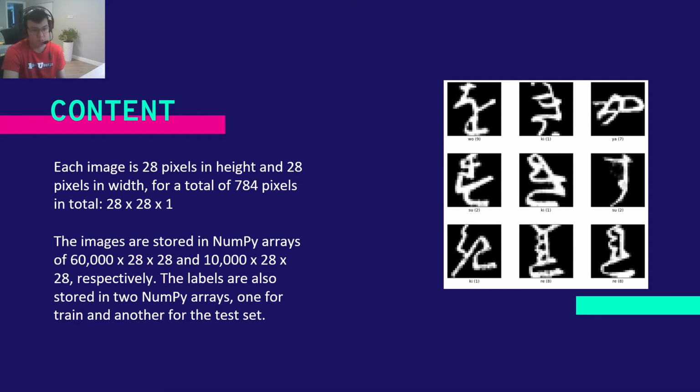If you go to the GitHub source of this dataset, you will find they are stored in NumPy arrays of 60,000 28 by 28 and 10,000 28 by 28 respectively: the first is training images and the second is test images. The labels are also stored in two NumPy arrays, one for train and another for test.